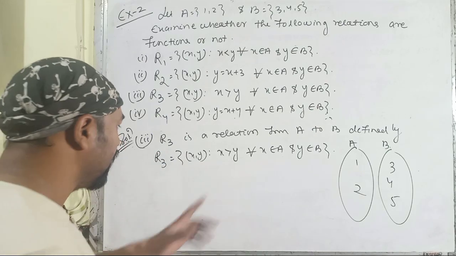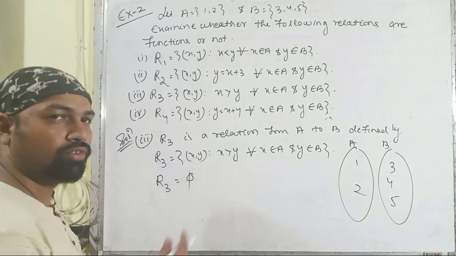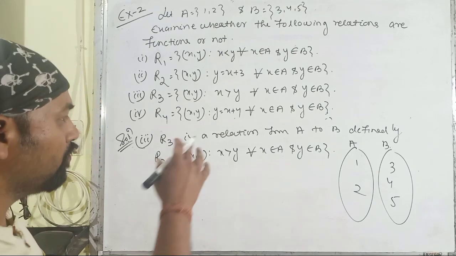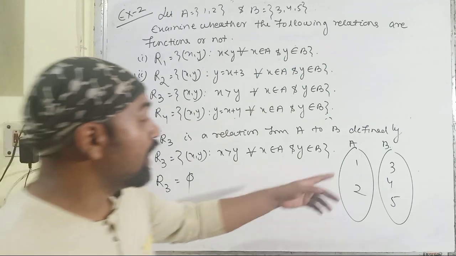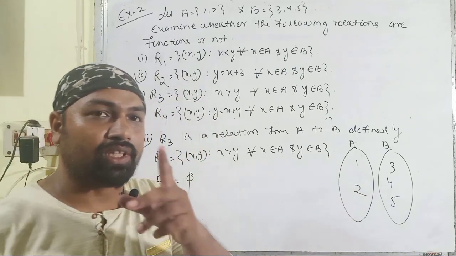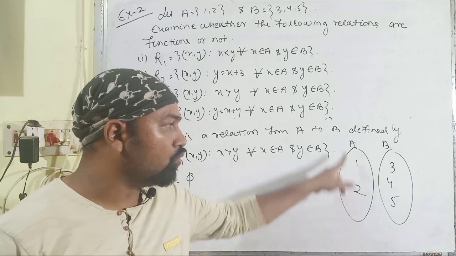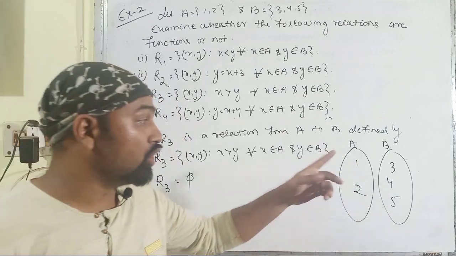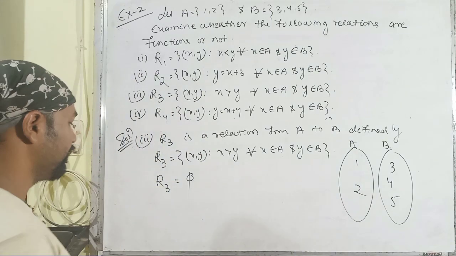That means the relation is here equal to the empty set. No relations can be formed using the given condition. That means if there is no ordered pair, there is no image of the elements 1 and 2 of the set A. If there is no image for the elements present in the set A, then it is not a function.